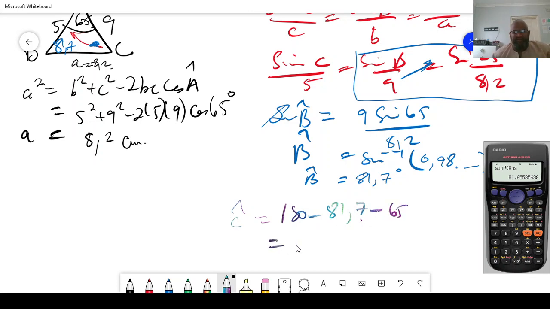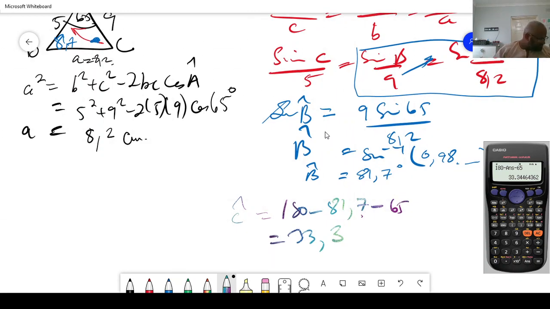That's your sum of triangles there. So it's 180 minus the answer minus 65, which gives us 33,3 degrees. Okay, sure, this is getting a bit easier now. The more you do, the better you'll become at it. Okay.